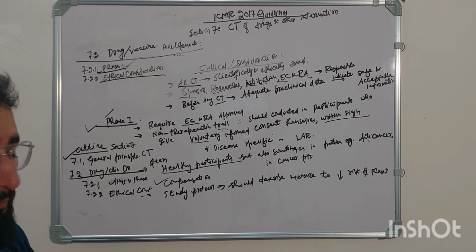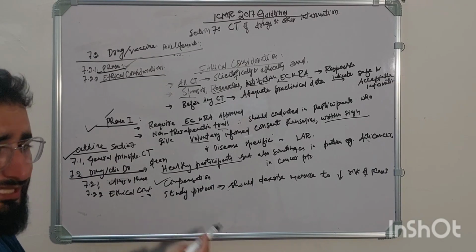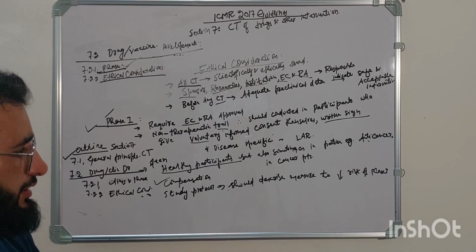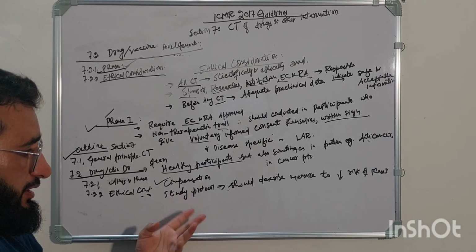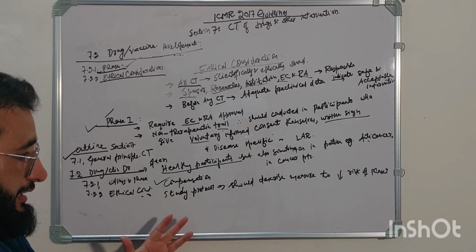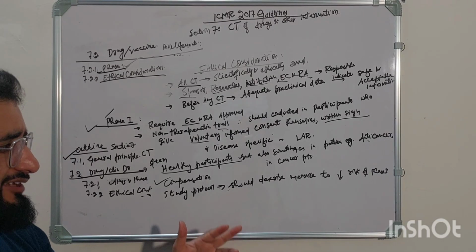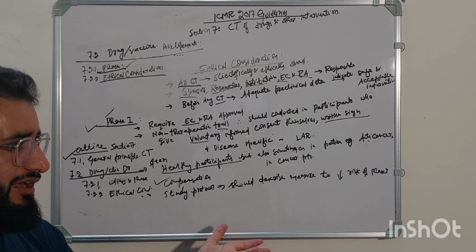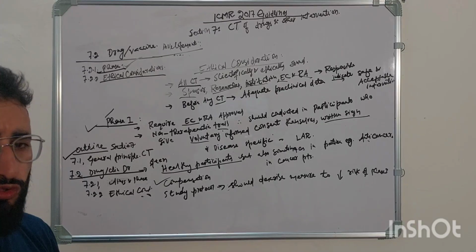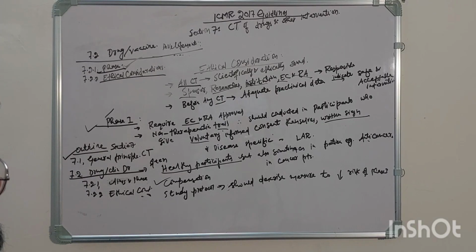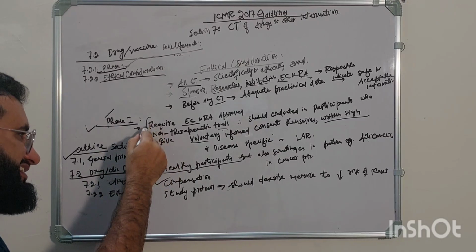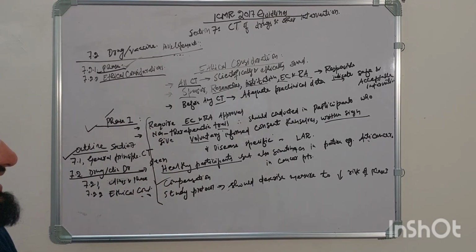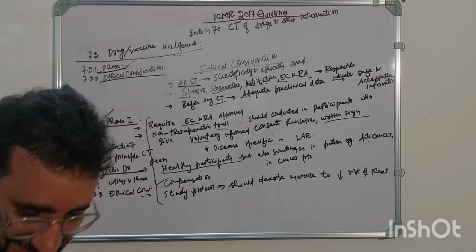The researcher or research team should clearly describe in the study protocol any measures to minimize any risk attributed to the phase 1 study. Then this was about the ethical considerations for phase 1. Then we will see phase 2. So you can take the screenshot of this.